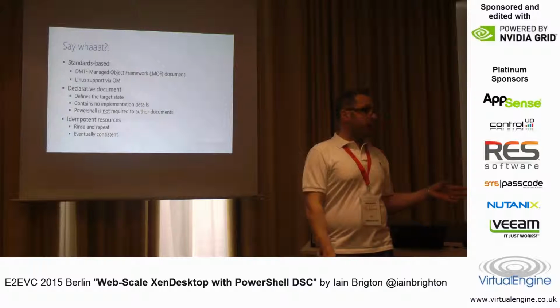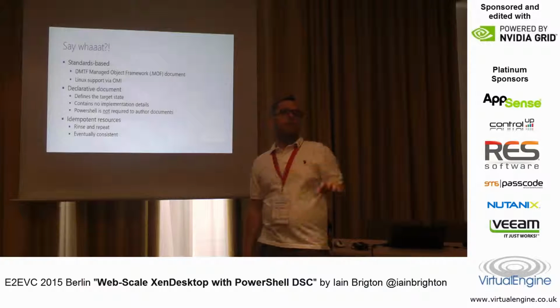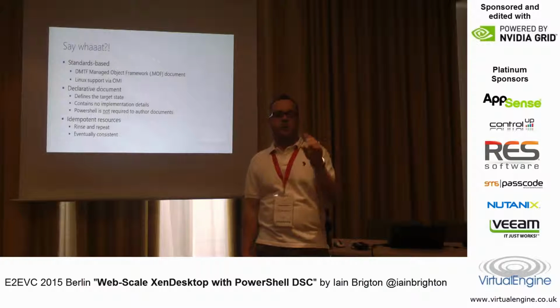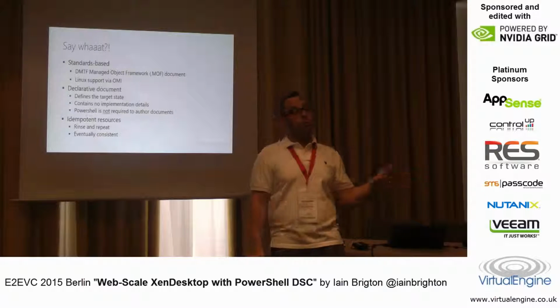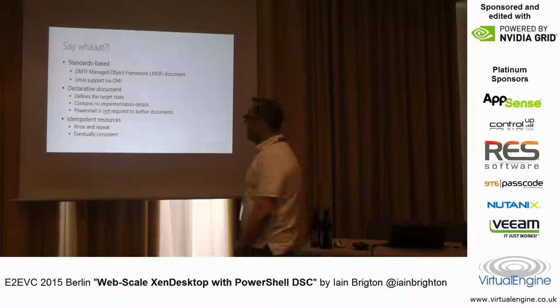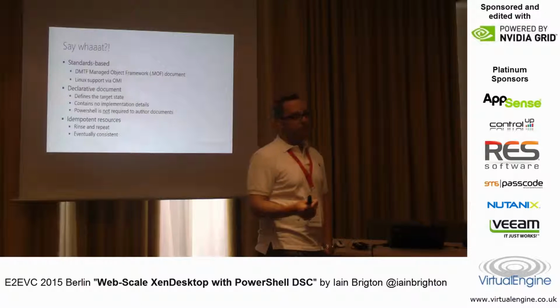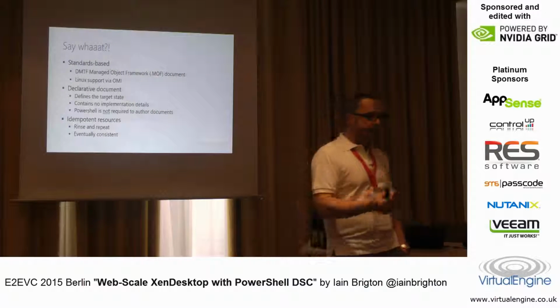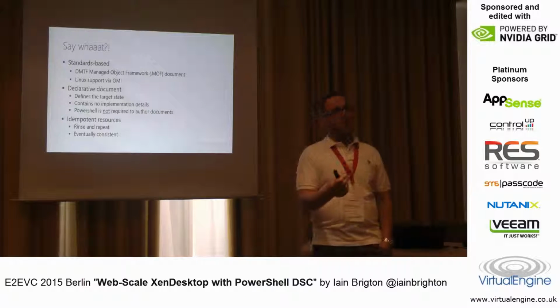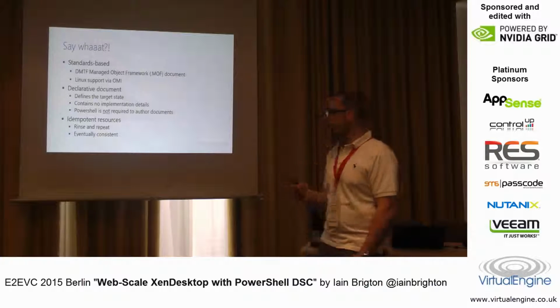We can author them with PowerShell, but if you're using any of the configuration management tools, so if you're using Chef or Puppet or whatever it happens to be, Azure presumably, you might be able to author some of these in the future. And we can drop that declarative configuration document on a node. And that configuration document defines, ultimately, the state that you want that machine to be in.